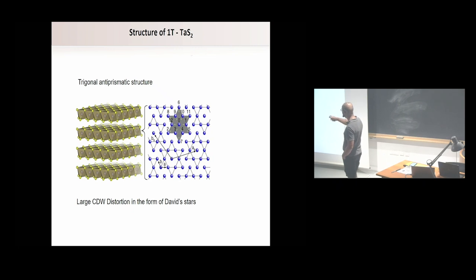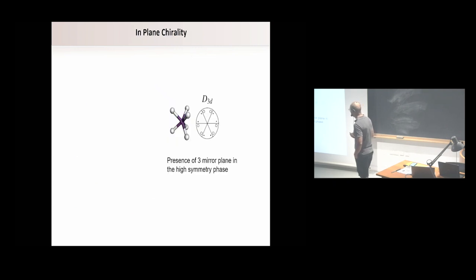And already at room temperature, it develops a large charge density wave, forming this kind of clustering in David star shapes of the tantalum atoms. Okay, the crystal would be space group D3D if you didn't have these clusters. And that means that you do have three mirror planes in this case.